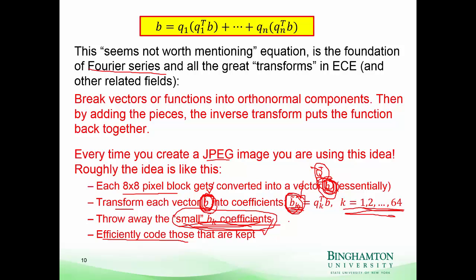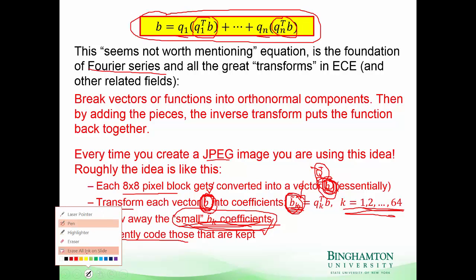And there is. Every time you take a picture in your camera and it automatically converts it into JPEG, this is being done over and over and over. It's all based upon this idea that we can expand some given vector in terms of a bunch of orthonormal vectors where the coefficients are just inner products, and exploiting the ideas that we talked about earlier, that this maintains norms and maintains inner products.